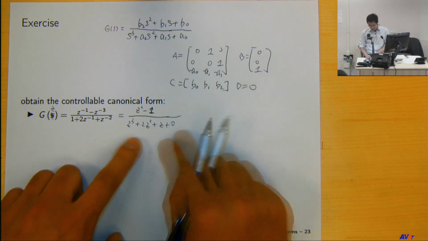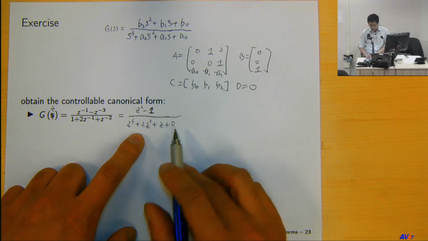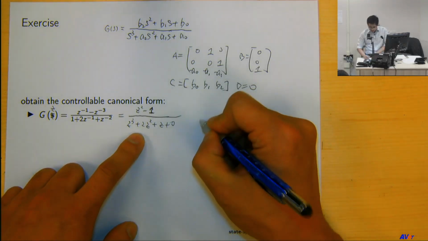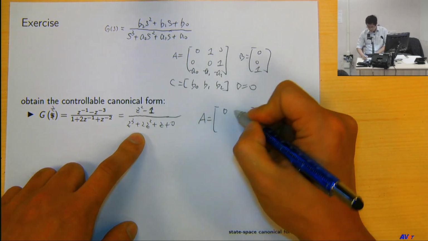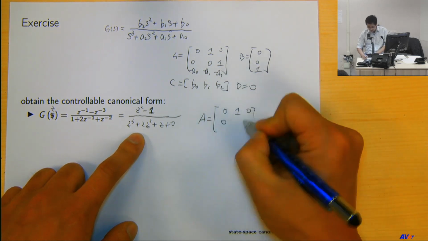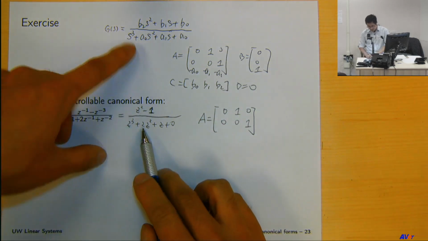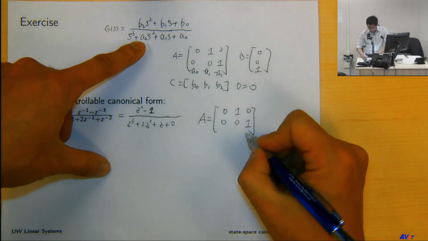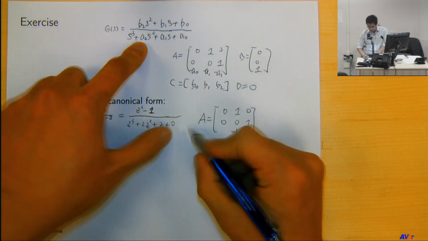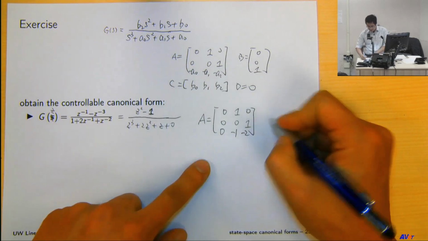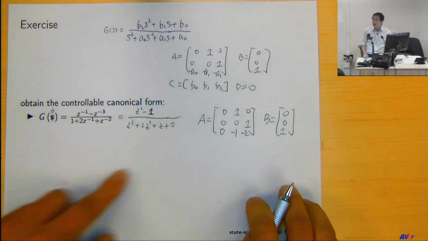So for this one, just plug in, figure out what is A2, A0, etc. So for this one, I got A is 0, 1, 0, 0, 0, 1. And then at the bottom, my A2 is 2, right? So it's -2, -1, and then 0. That's my A matrix. B matrix is amazingly simple in controllable canonical form.